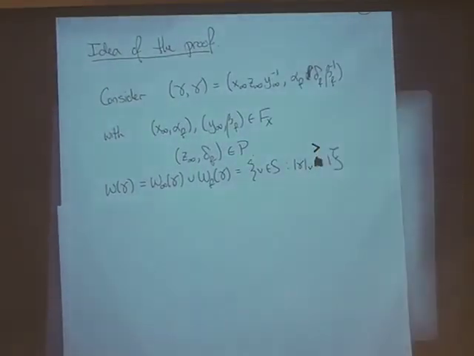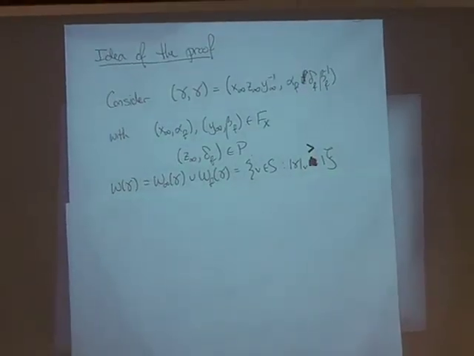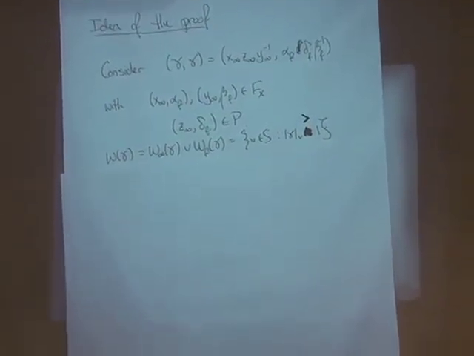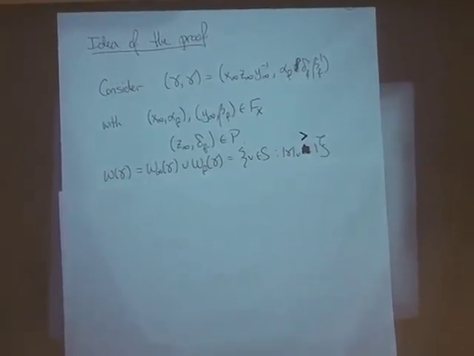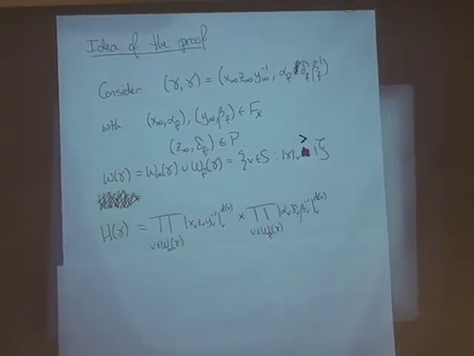Because those are all the places that contribute to the height. Remember, a height is a maximum of 1 and a valuation at a place. So these are the places that are contributing to the height of gamma. And so I can just write it out like this. So the height, by definition, looks like that, because it's 1 at every other place of Q.